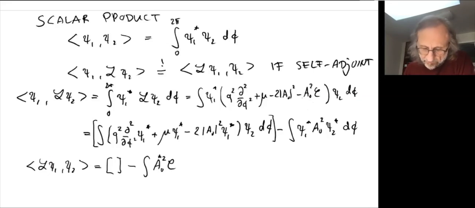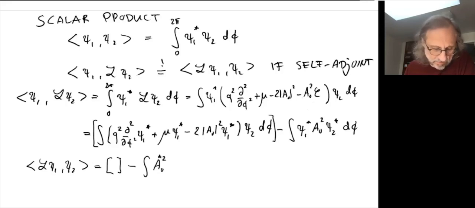And then what else do I have? L is acting on psi1, so I have a psi1 star. So L on psi1 is L multiplies with a naught squared and then takes the complex conjugate.